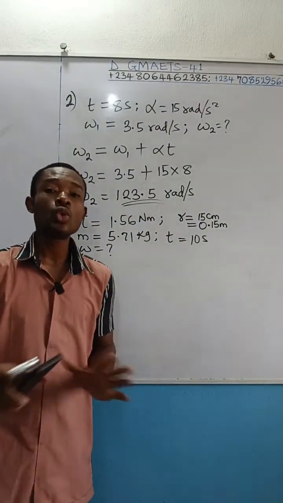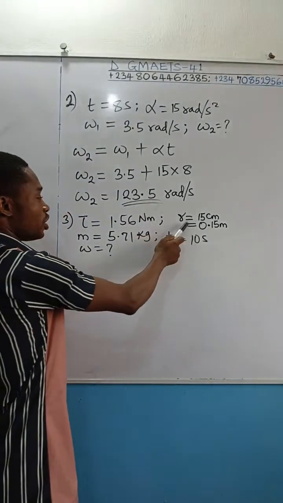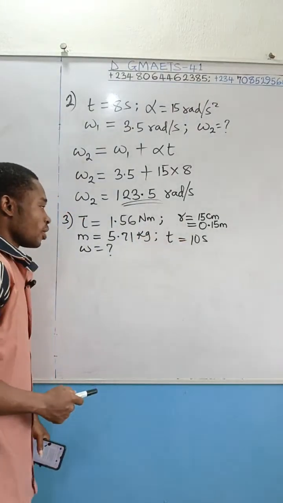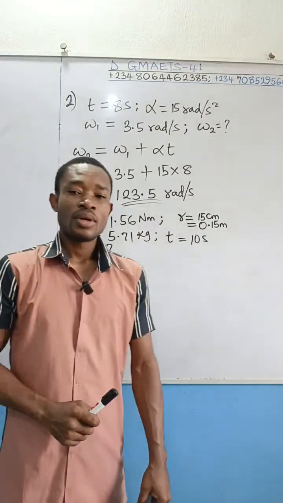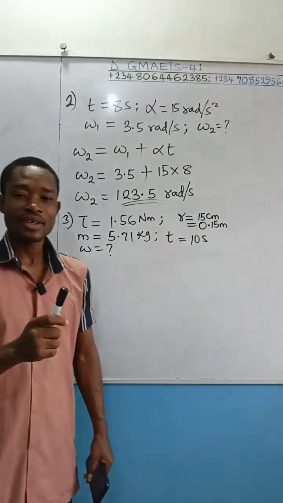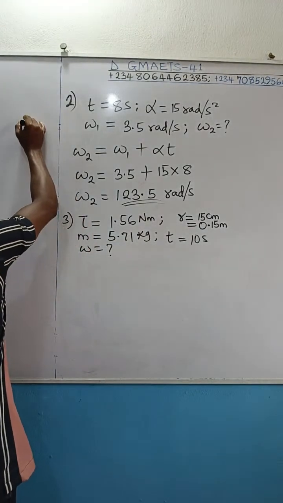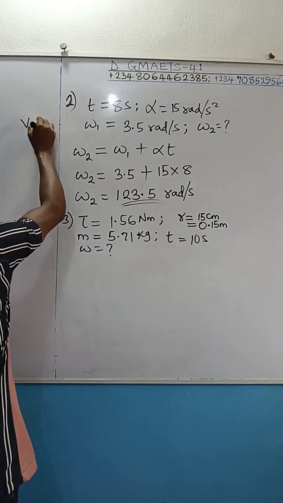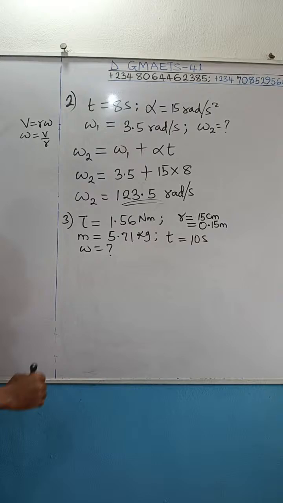Now, how do we obtain our angular velocity? If you look at this question, we know the radius of the disk. Angular velocity has various formulas. I can obtain it using this formula, where the angular velocity is v over r.